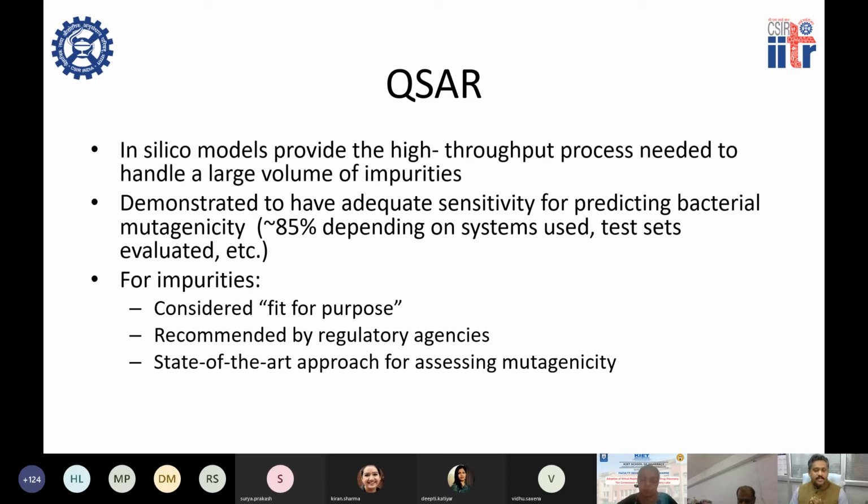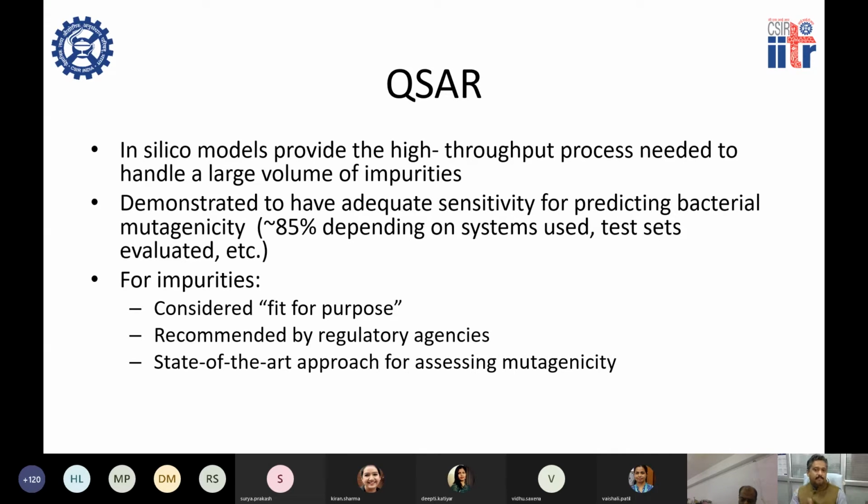So QSAR is one of the very important approaches. If you know a compound, another compound with a similar structure to your identified compound also has similar functions. The properties of similar structures pretty much work in a similar manner.